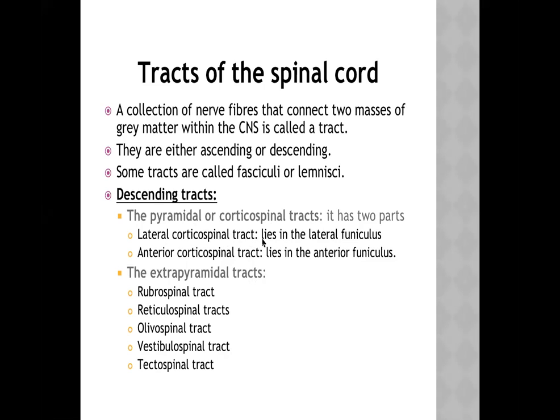Now let's talk a little bit about this. From the brain or from the cerebral cortex, the corticospinal tract starts. Okay, it descends as a corona radiata. Then it enters into the internal capsule in the posterior limb of the internal capsule. Then it enters into the brainstem.